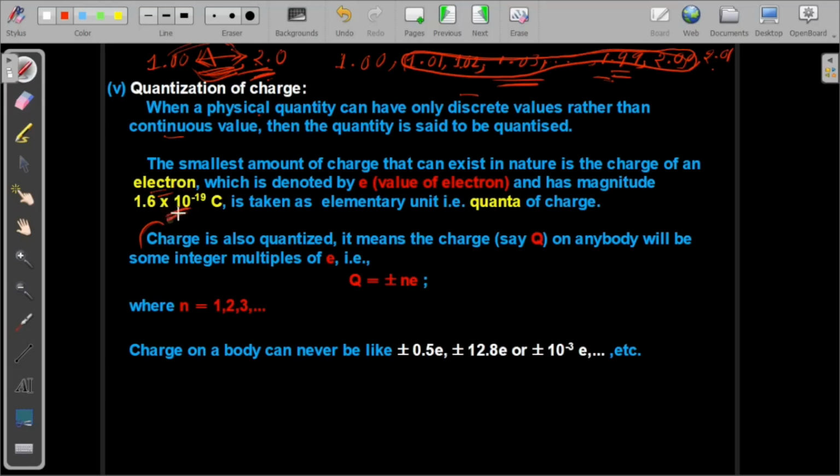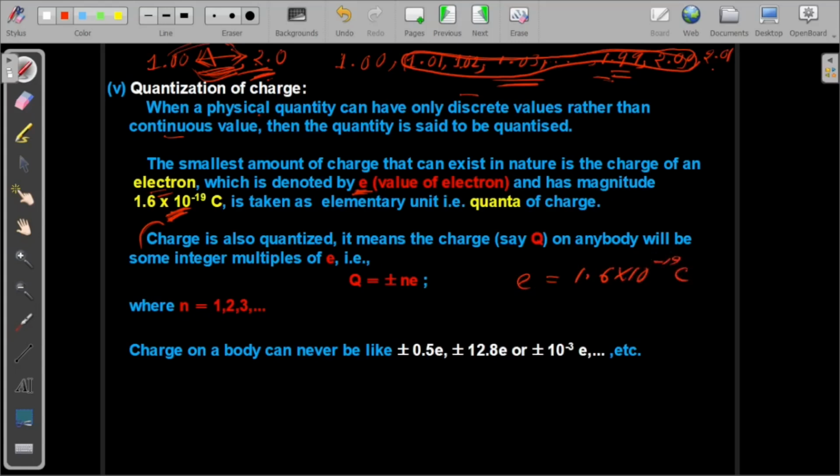This is the smallest amount of charge found in nature, and it is that of one electron. The value of charge of an electron is denoted by small e. That means e is equal to 1.6 into 10 to the power minus 19 coulomb.